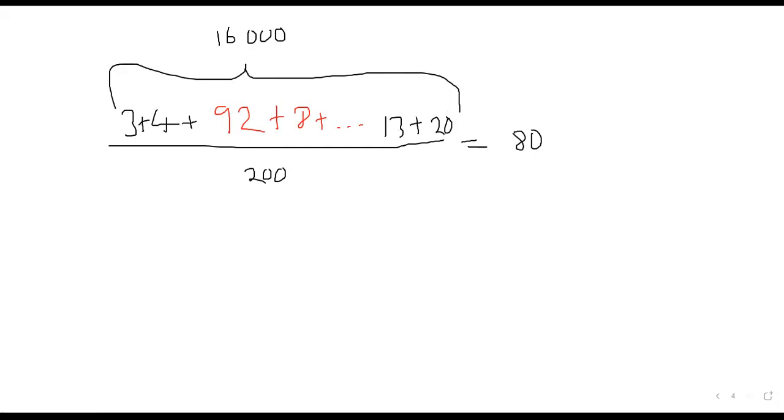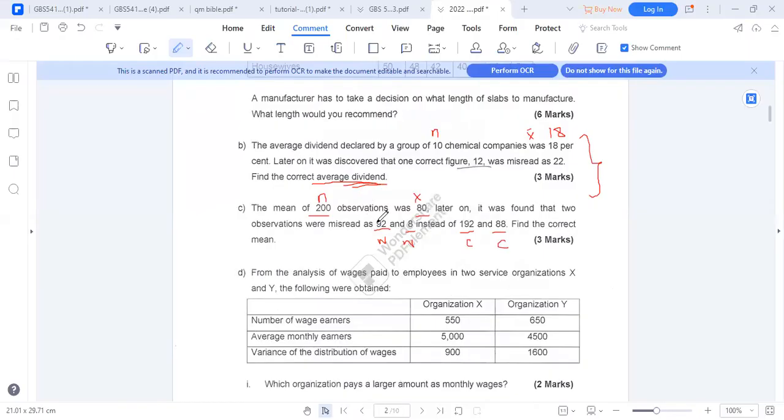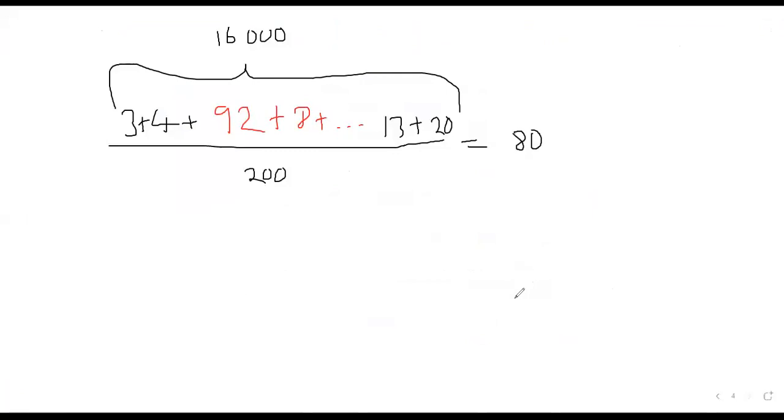Now, we wrote two figures, 92 and 8, wrongly, instead of writing 192 and 88. So this was supposed to be 192, and the other one was supposed to be 88.